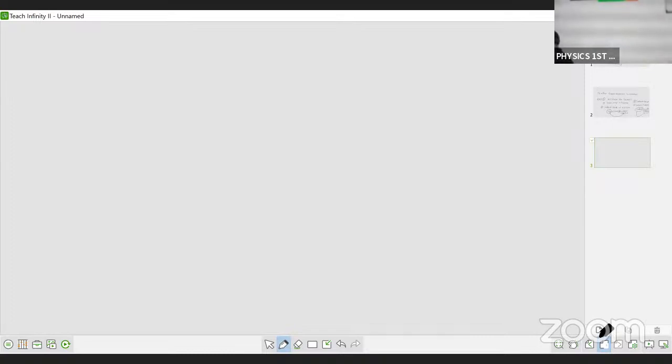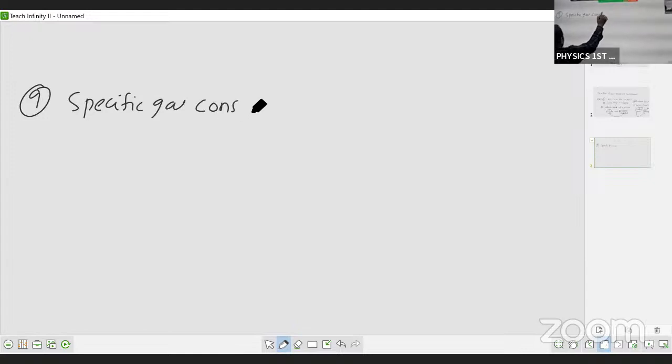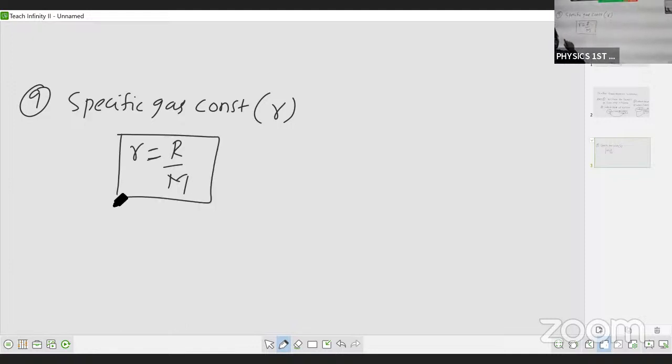What is the question number here? 9th. Denoted with small r. This is the specific gas constant.